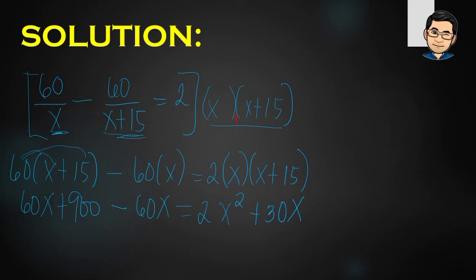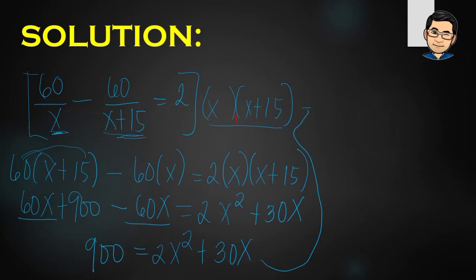Now, combine like terms. So, 60x tsaka negative 60x, 0. So, 900 na lang ang sagot. Equals 2x squared plus 30x. So, pwede natin siyang i-rewrite na 2x squared plus 30x equals 900.